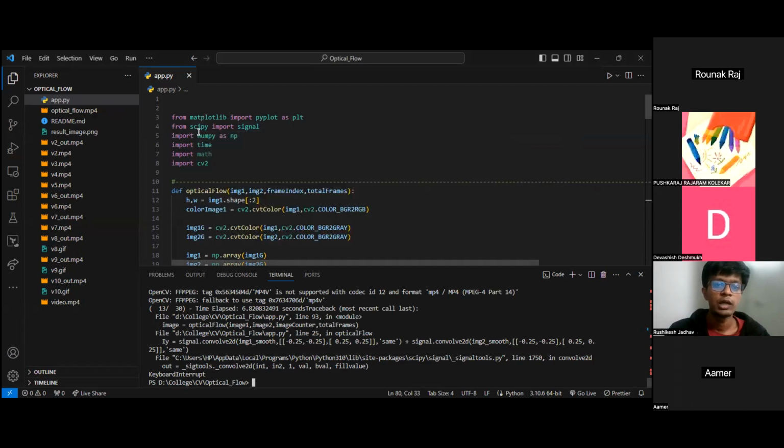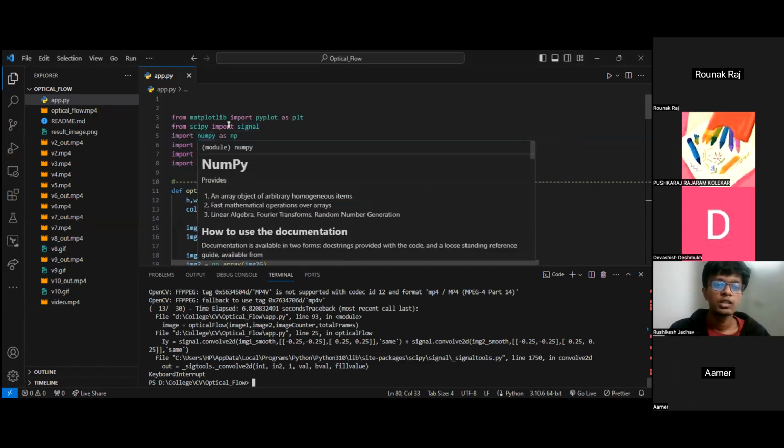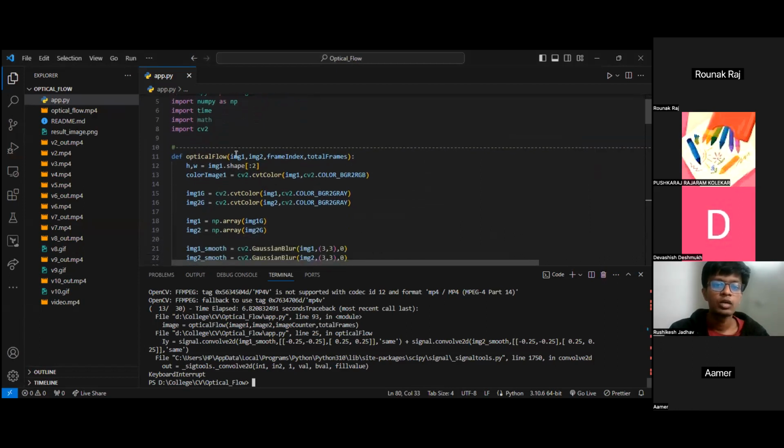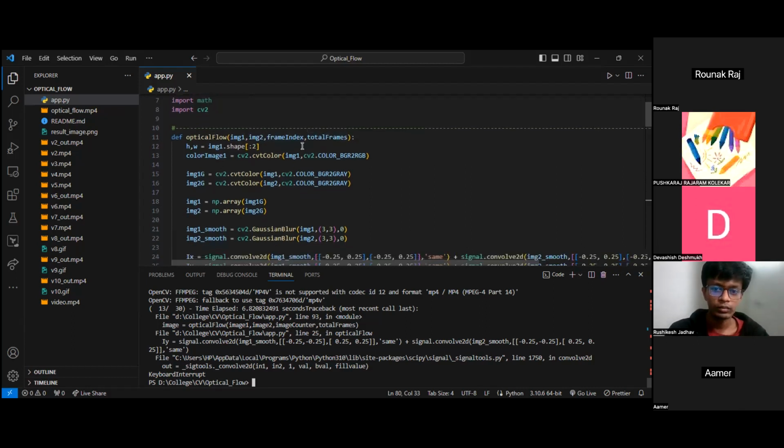The libraries are matplotlib, numpy, time, and scipy for signal preprocessing. This is our main function, which will calculate the optical flow. It takes 2 frames as inputs, the frame index and the total number of frames. First we pre-process the frames. We convert them to grayscale using this cv2 function.